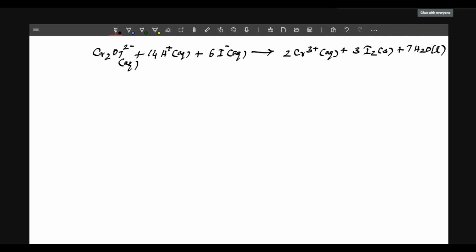This is the net cell reaction. Write the oxidative half reaction and the reductive half reaction, and the net cell reaction.